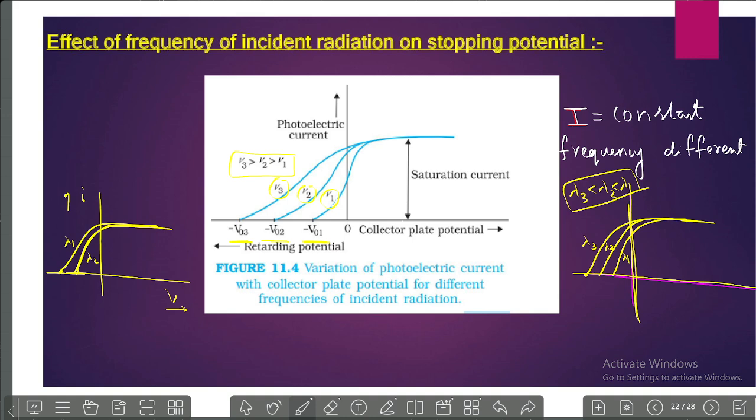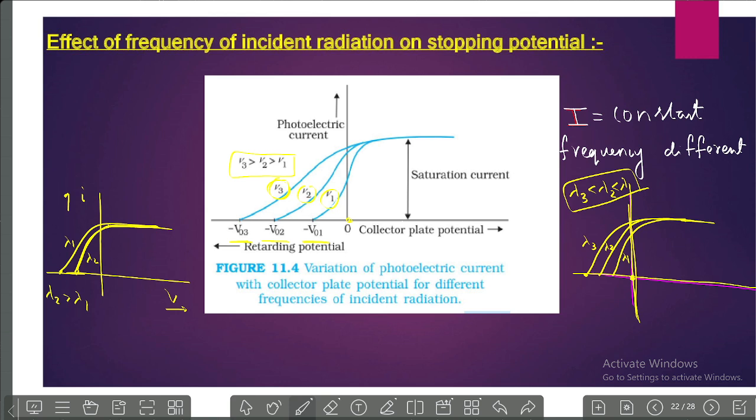See here, the graph that is close to the origin has the greater lambda. So lambda 2 is greater than lambda 1. But in terms of frequency it is different: nu 3, which is far from the origin, is the greater one. So please keep in mind, lambda 2 will be greater than lambda 1.